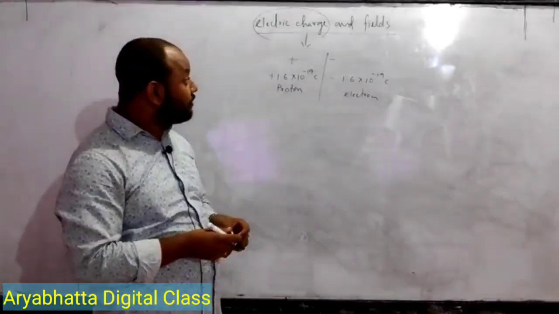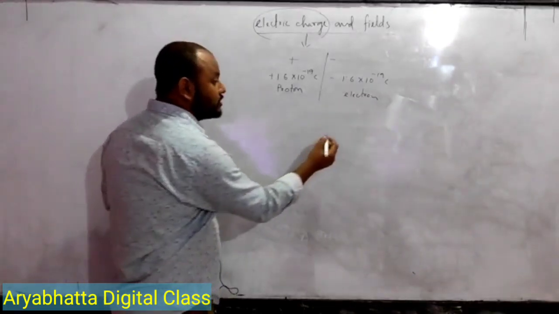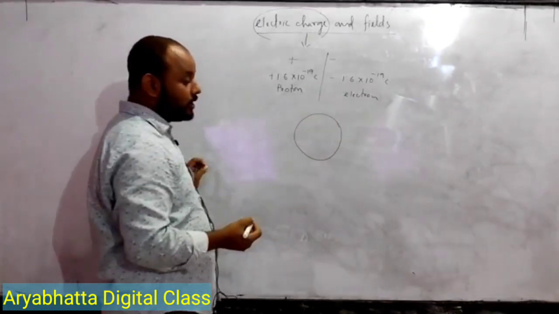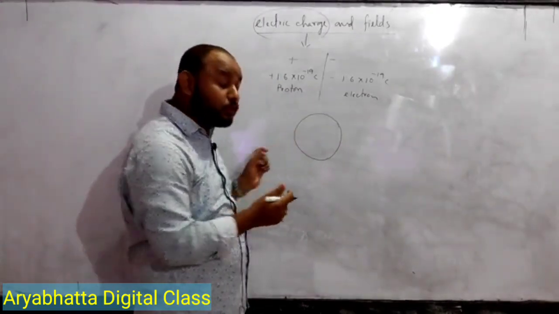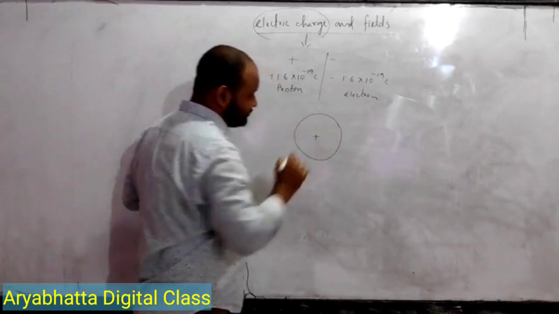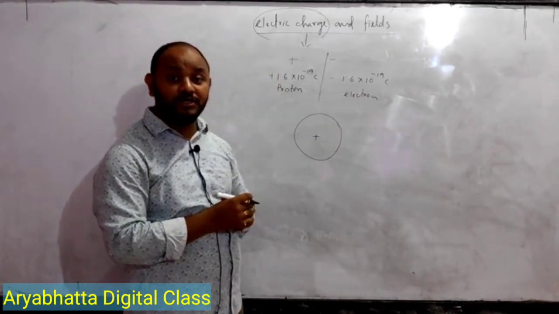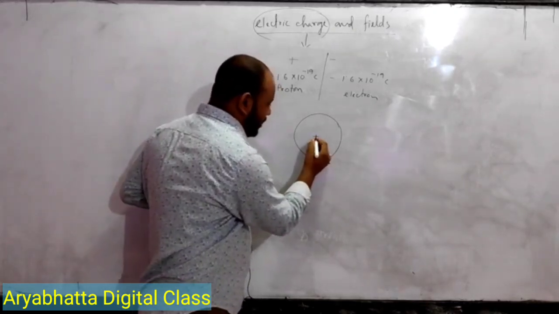Where do we find these protons and electrons? For this, let us consider an atom. The center of the atom is positively charged, and that is known as the nucleus.